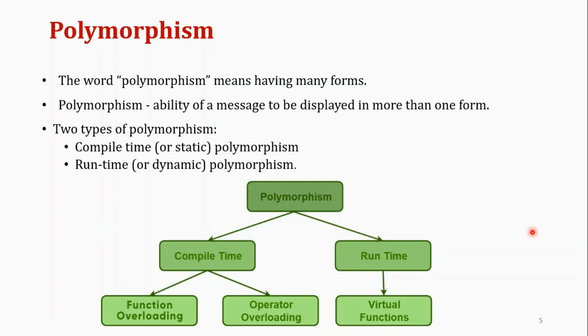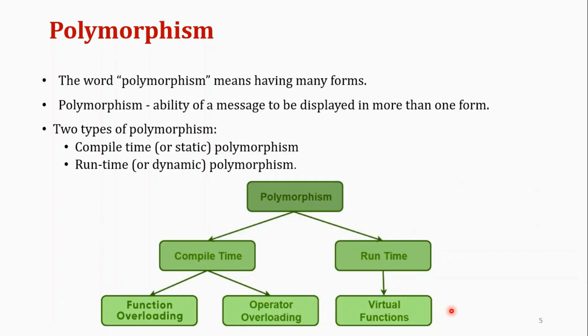Compile time is before the execution; during the compilation time itself, the polymorphism is implemented. In compile time, we have two categories: function overloading and operator overloading. These are all resolved at compile time. At runtime, we have virtual functions, which we will discuss after inheritance.